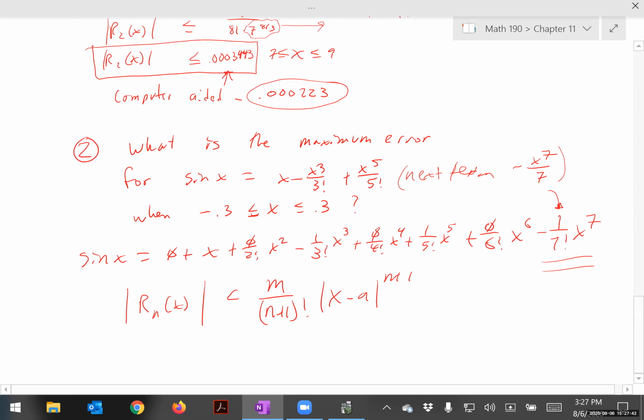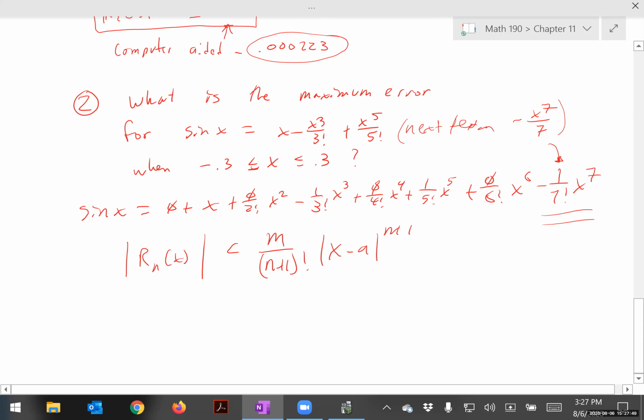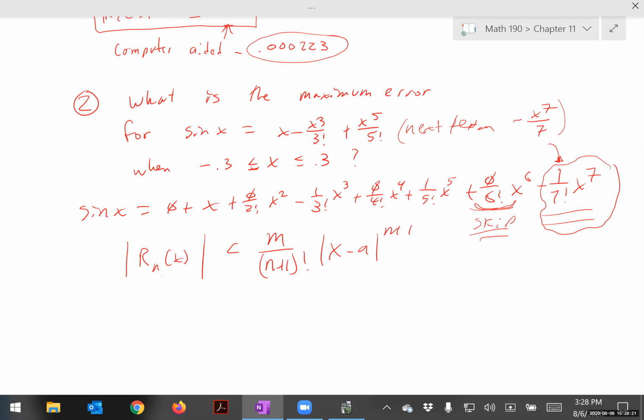So here, let's plug in what we know, and we'll calculate M in a minute. And again, I'll show why we had to go out 2 more terms instead of the next one. Why do we skip this guy? Why is it important to go out to this one and find out what the index of that is? For R sub n of x, what would be the n plus 1 term that I would want to work with? The next term here would be this guy here.